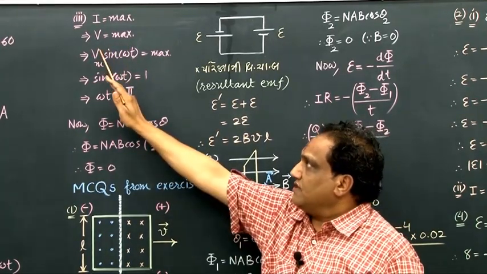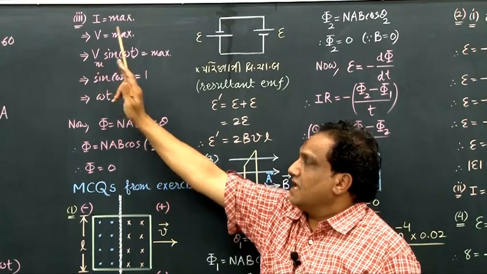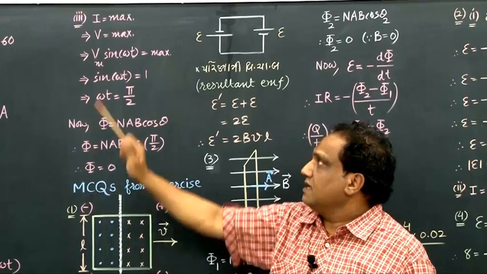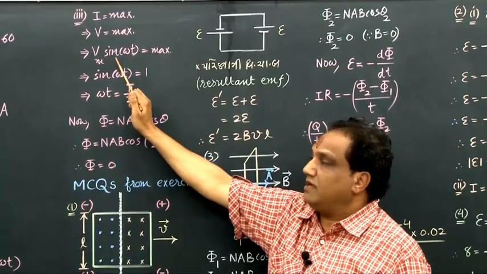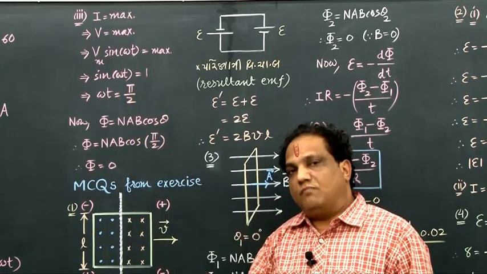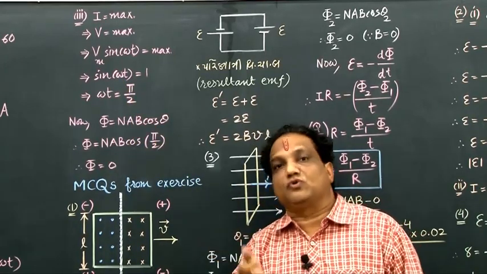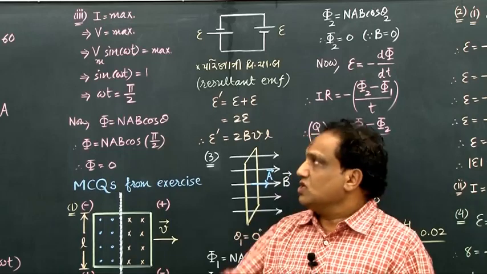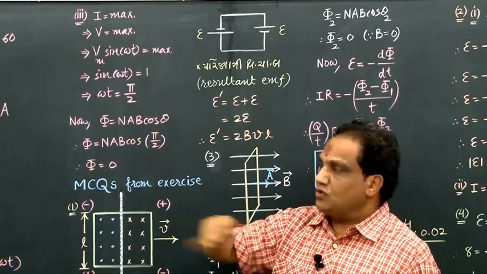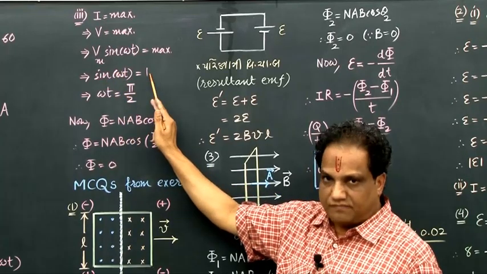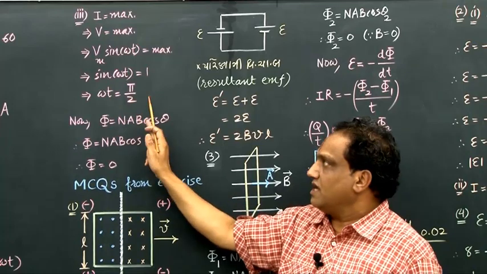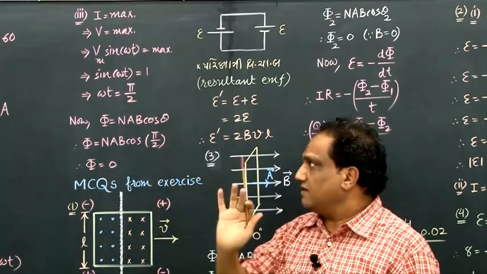Now see, this Vm is constant and the left hand side is maximum, which means the remaining function must be maximum. So sine of omega t must be maximum, but what is the maximum value of sine or cosine function? It is 1. So here sine of omega t must be 1, and you know sine pi by 2 is 1. So this omega t angle must be equal to pi by 2 radian, fine.